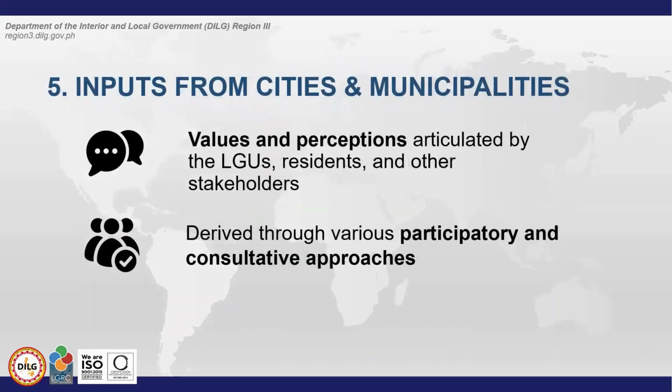As for the inputs from cities and municipalities, it refers to the values and perceptions articulated by the LGU's residents and other stakeholders and derived through various participatory and consultative approaches.